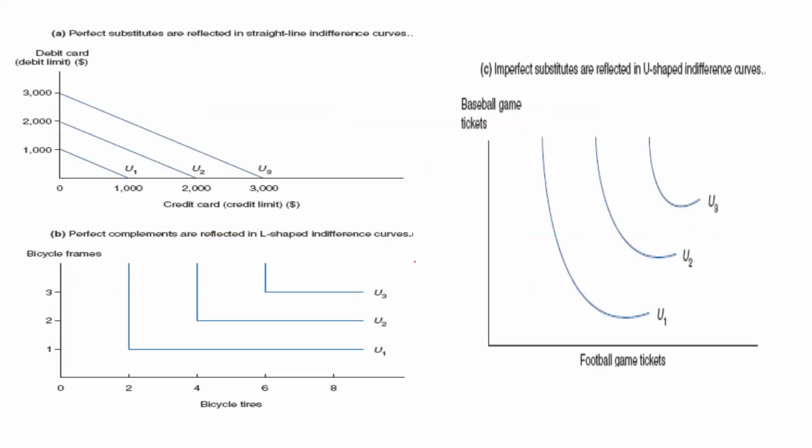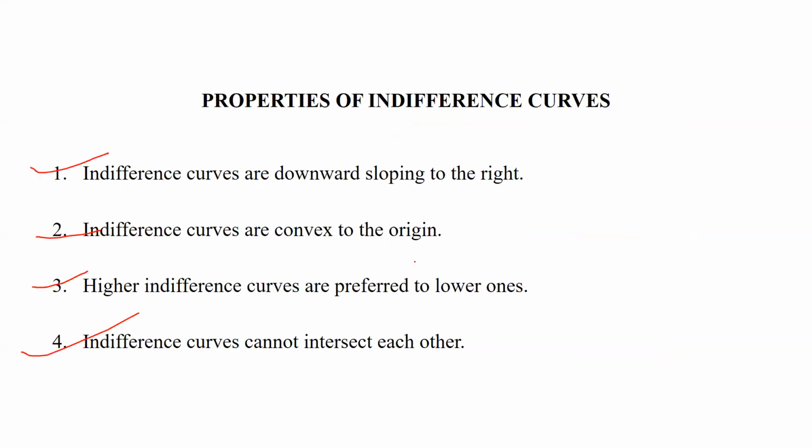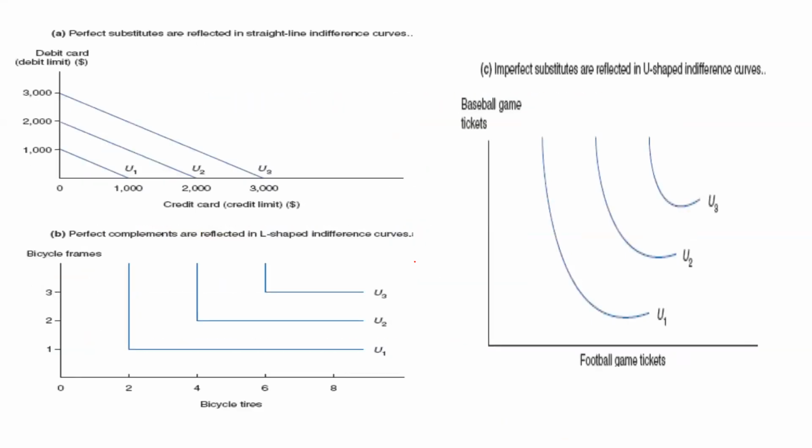And then we come to the types of indifference curves. I'm going to share with you these three categories. Perfect substitutes are reflected in a straight line indifference curve. For perfect substitutes, I have taken the combination of debit card and credit card, with credit card on one axis and debit card on the other.